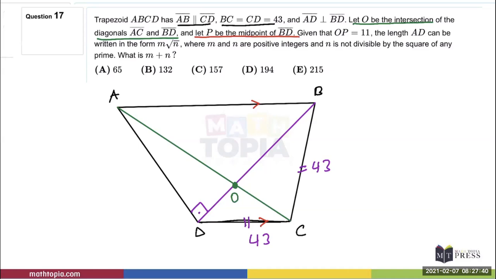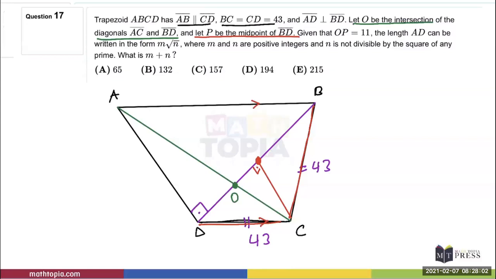So that means this is also a 90 degree angle, and since this is an isosceles triangle, we can see that that's going to be the midpoint, right?